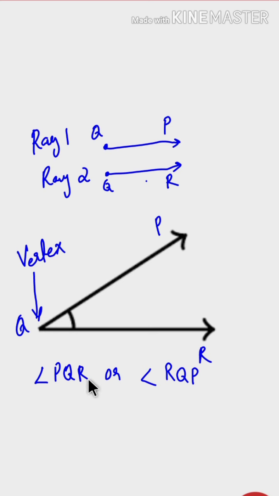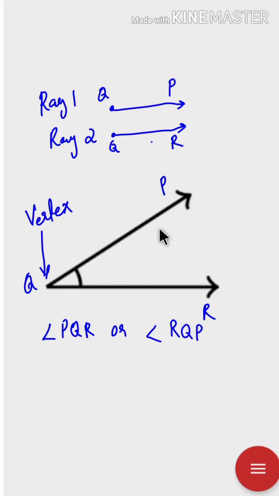The vertex should be in the middle while naming an angle. You can start from any of these two points, P or R. If we start from P, the angle will be PQR. Q should be in the middle. If we start with R, RQP. So this is the way how to name an angle.